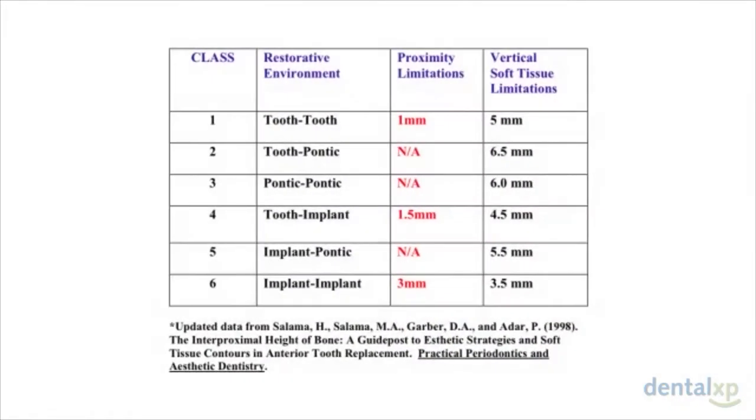Drs. Salama, Garber, and Adar in 1998 published a unique paper in which they very nicely explain the importance of having at least a bone space of 1.5 millimeters from the implant margin to the neighboring tooth, mesial and distal to the implant. If we add 1.5 on the mesial and 1.5 on the distal, we end up with 3 millimeters. And we can now add 3 millimeters of the diameter of the implant. This will give us a total of 6 millimeters.